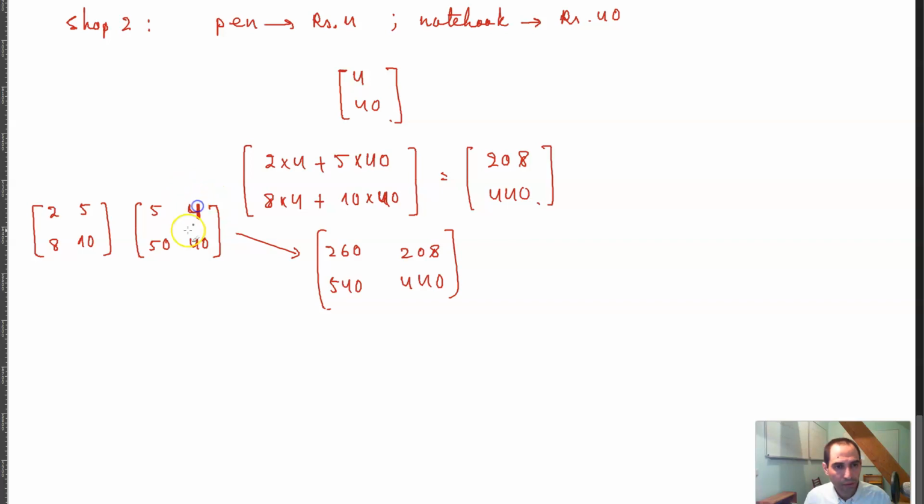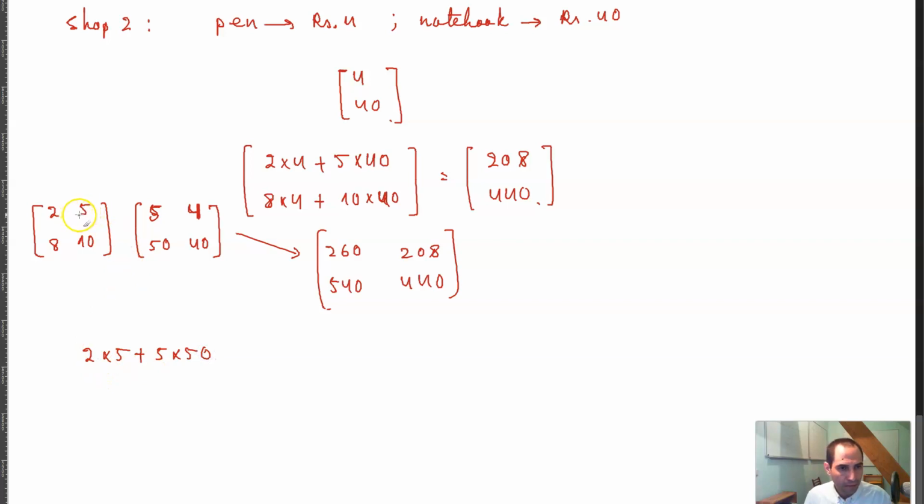And then over here we have the unit price for pen, the unit price for notebook, the unit price for pen, the unit price for notebook, right? So I can say that the number of pens times the unit price for pens would be 2 times 5, plus the number of notebooks times the unit price for notebook, which is 5 times 50.